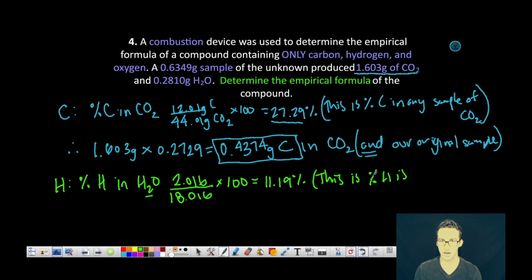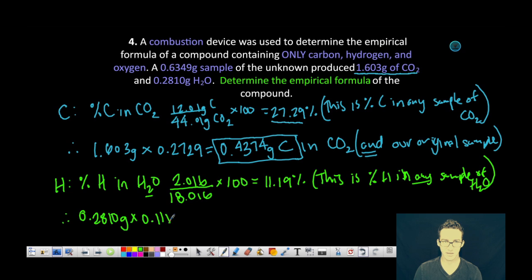And any sample of water is going to have 11.19% hydrogen by mass in any sample of H2O. Therefore, in our sample, we have 0.2810 grams of H2O. Therefore, we have 0.2810 grams of H2O multiplied by that 11.19%.